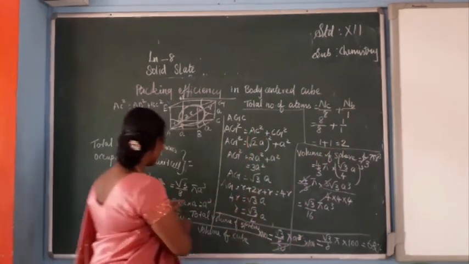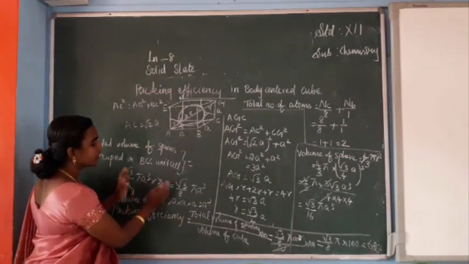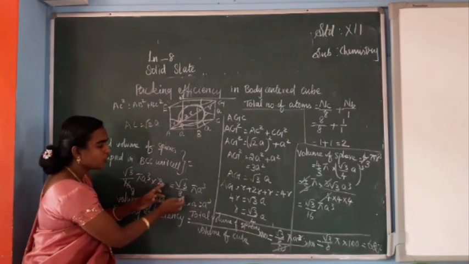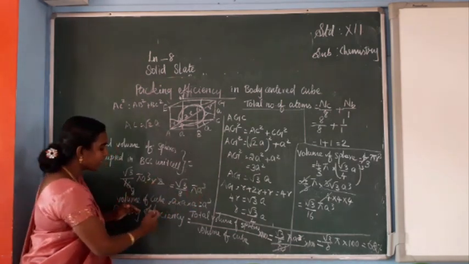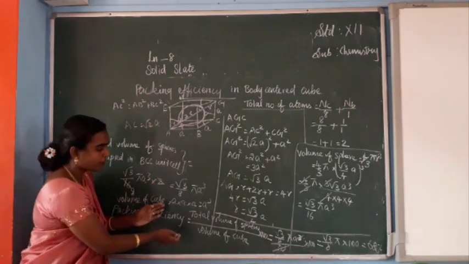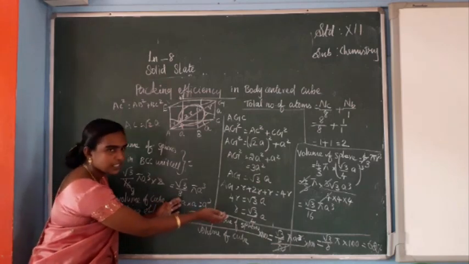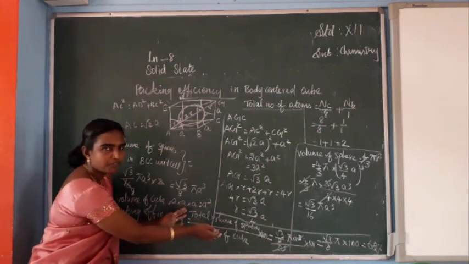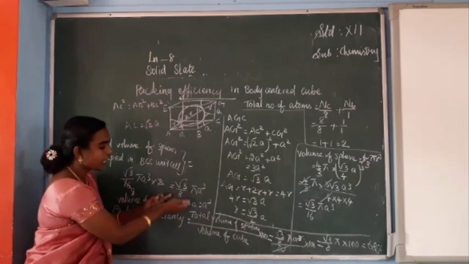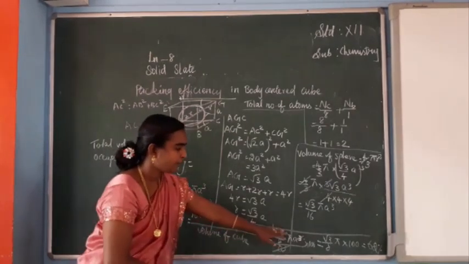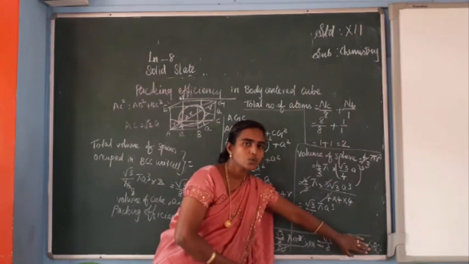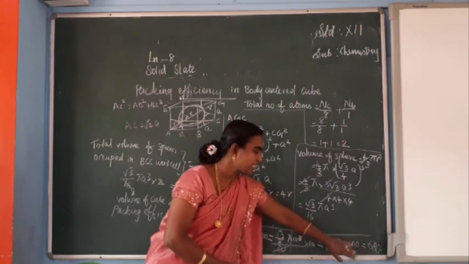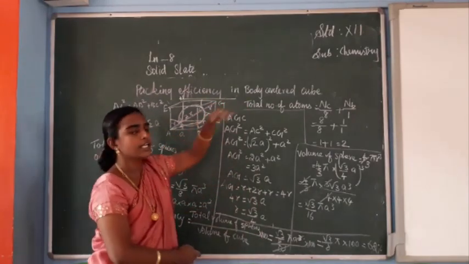So this 2 should be multiplied with the volume of the sphere and you are getting the value root 3 by 8 pi a cube. Okay. So next, packing efficiency we can calculate using the formula: total volume of the spheres divided by volume of the cube. So this value divided by a cube. After cancelling everything, the value must be 62%. So this is the packing efficiency in body-centered cubic arrangement.